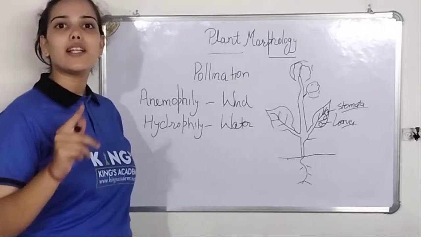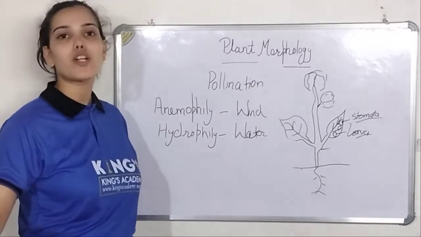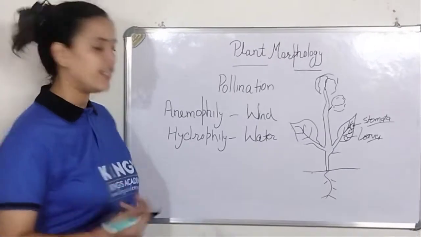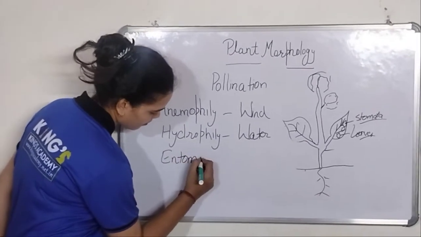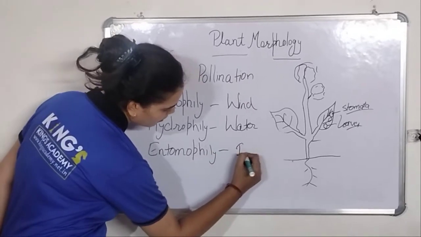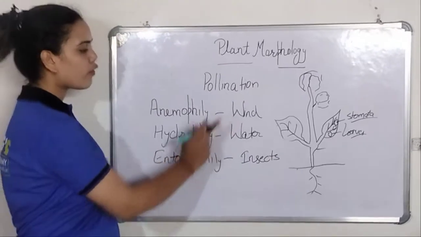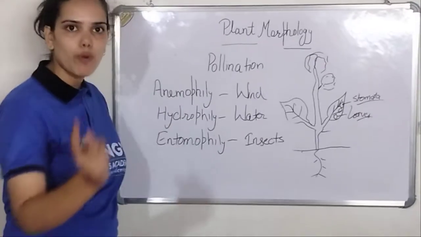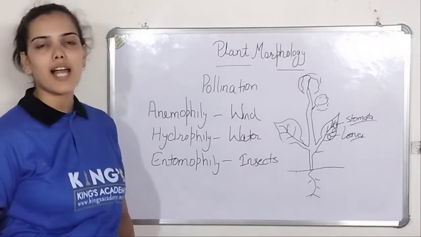And when pollen grains reach the female part with the help of insects, that is known as entomophily. So anemophily is with the help of wind, hydrophily with water, and entomophily with insects.